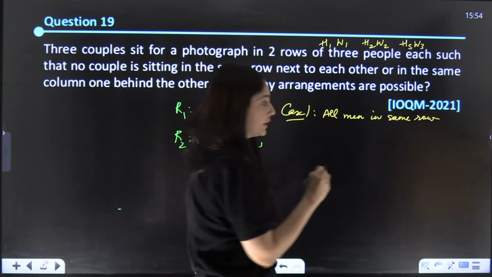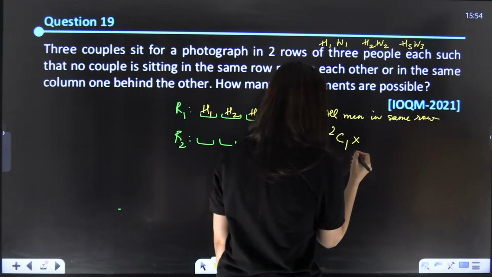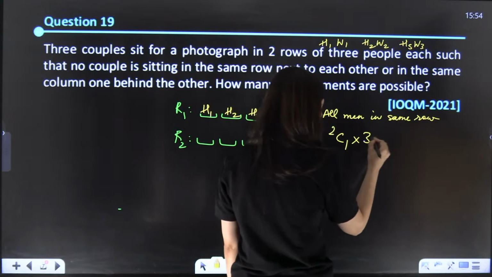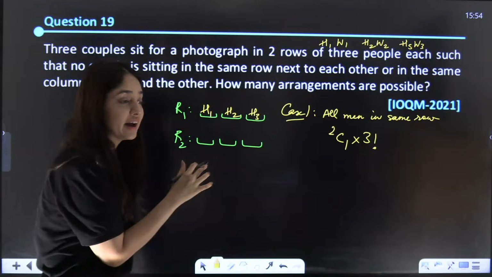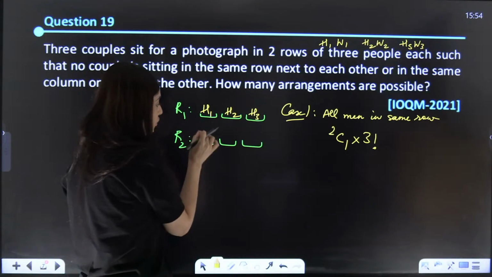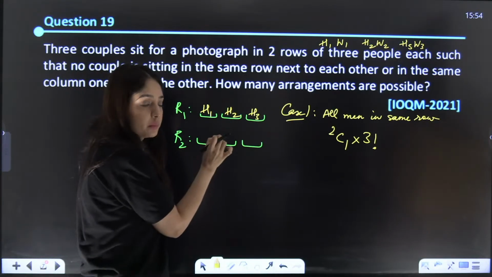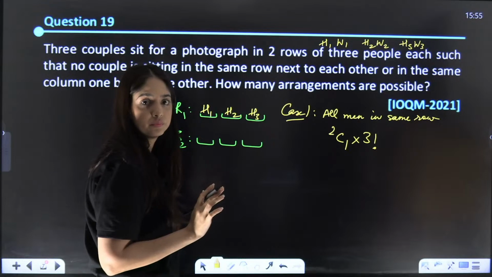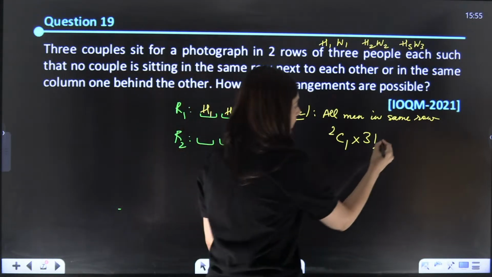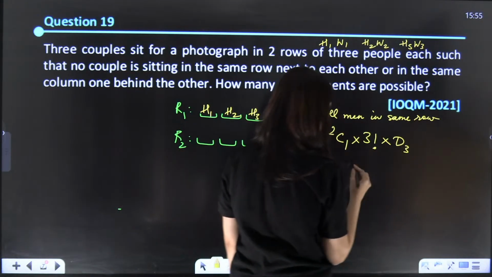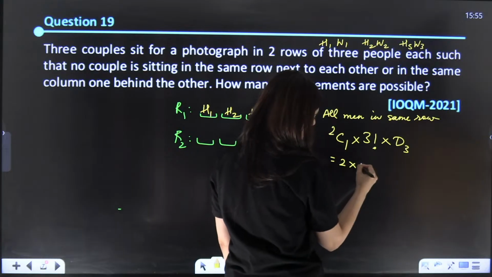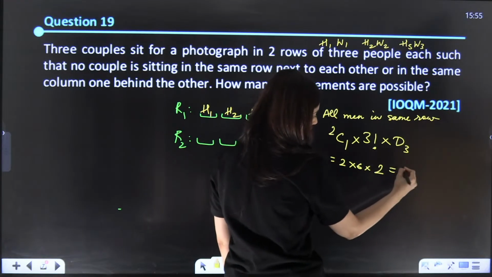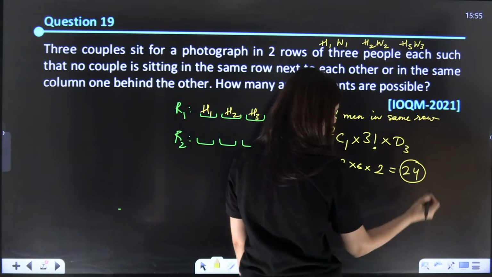We have to first pick the row, so 2C1 into arranging the men, 3 factorial. Now, we have to arrange the women such that woman 1 cannot be here, woman 2 cannot be here, woman 3 cannot be here. Right? That is nothing but a derangement, which is 2 into 6 into 2. So, 24.